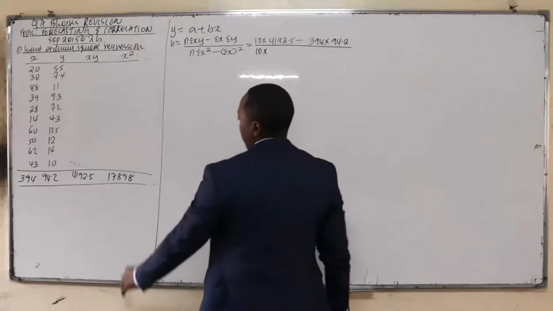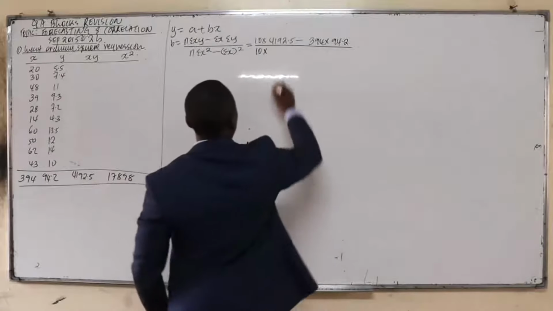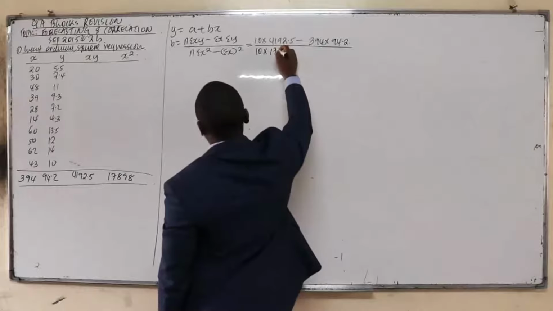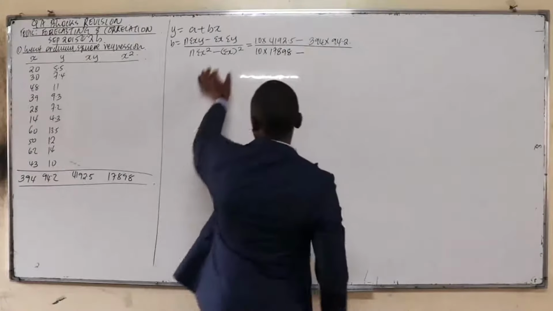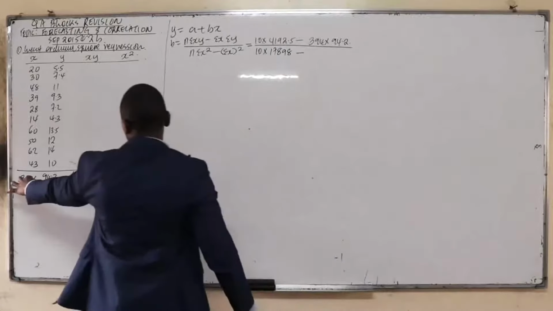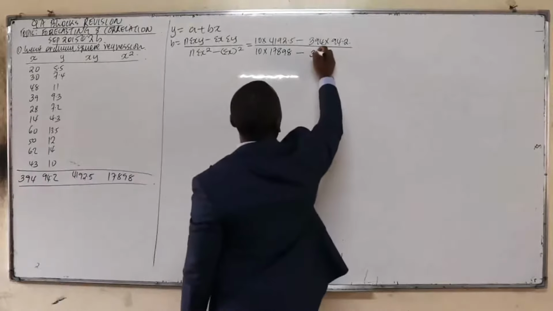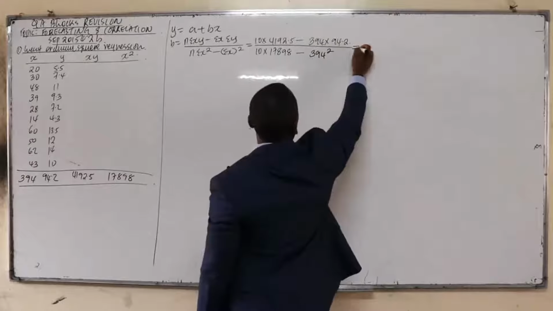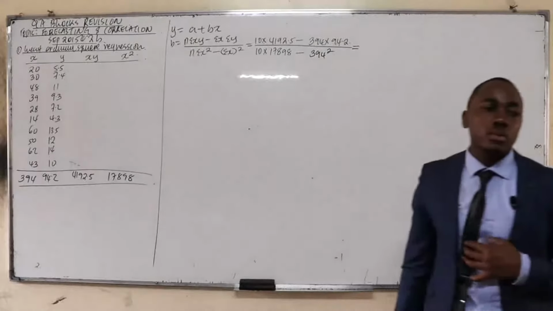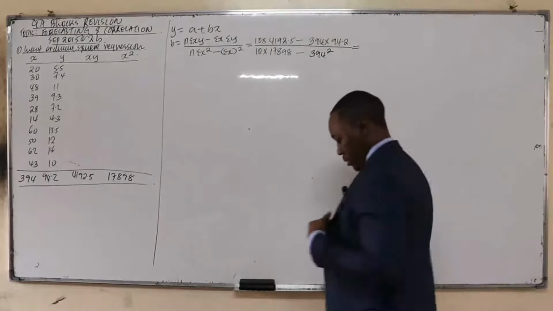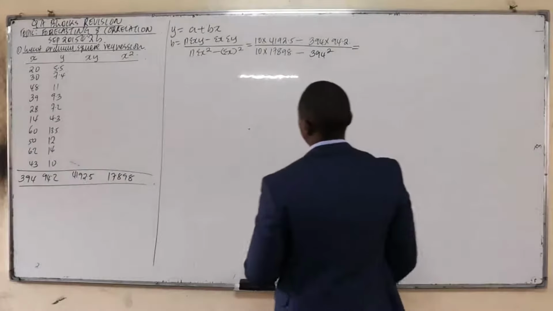Summation of x squared is 17,898 minus 394 squared. Shift number 2, then replay forward. I want B.